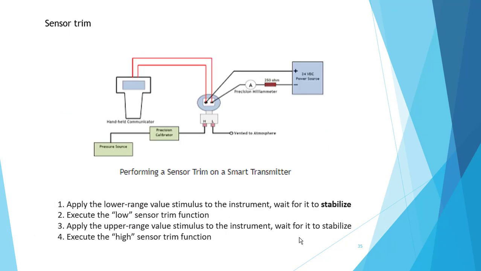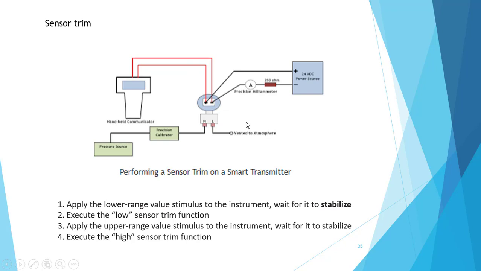First is the sensor trim. It looks like all the same thing. Just hook up the 475 to communicate with the transmitter.